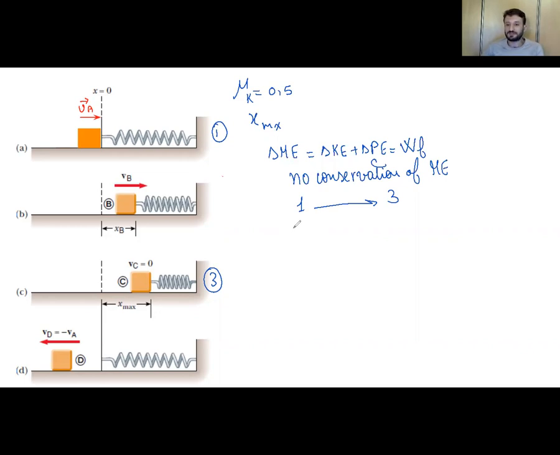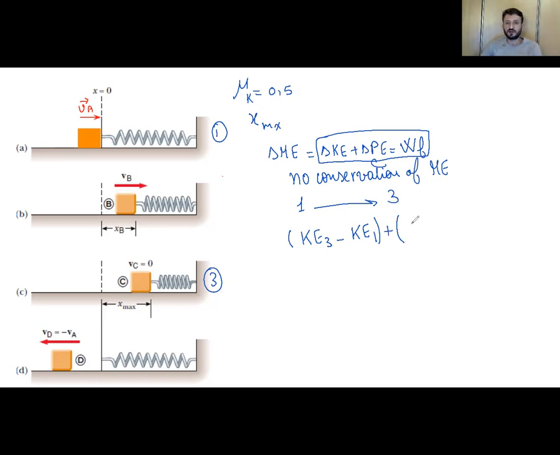Delta kinetic equals kinetic final minus kinetic initial, plus delta potential.